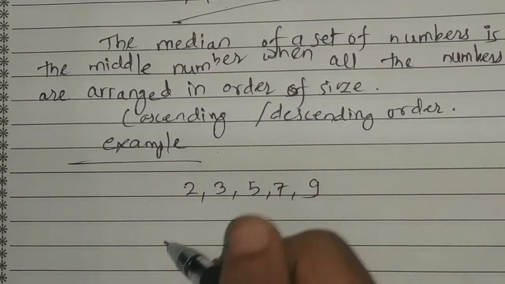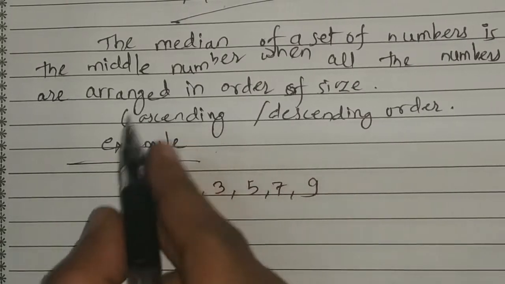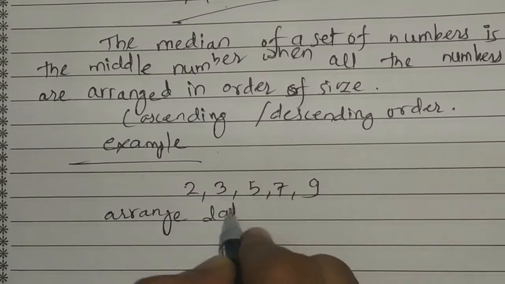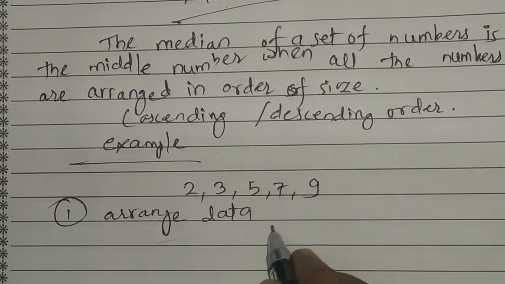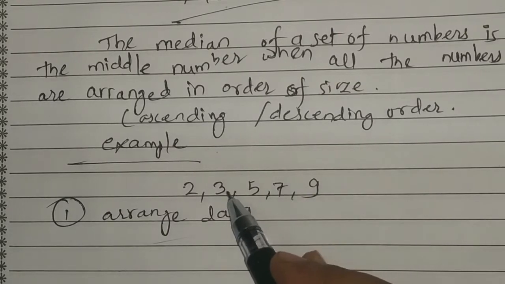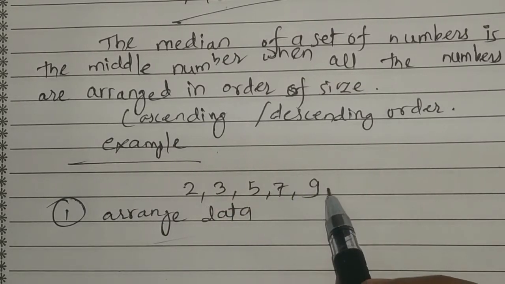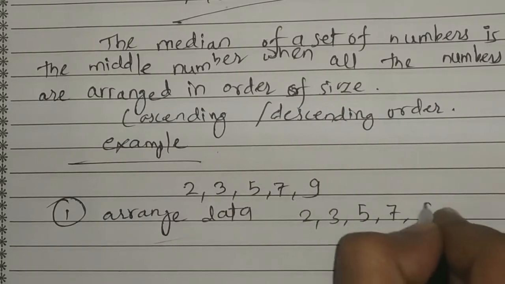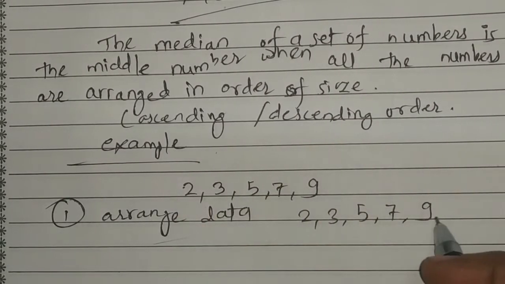If you want to take out a median here, first we will arrange the data. In step number 1, we are going to arrange the data either in ascending or descending order, but you can see here it is already arranged: 2, 3, 5, 7, 9. So it is already in ascending order, increasing order.